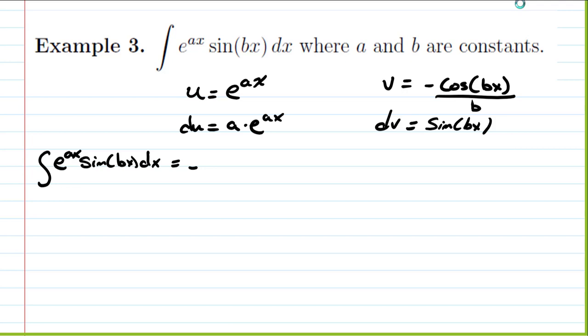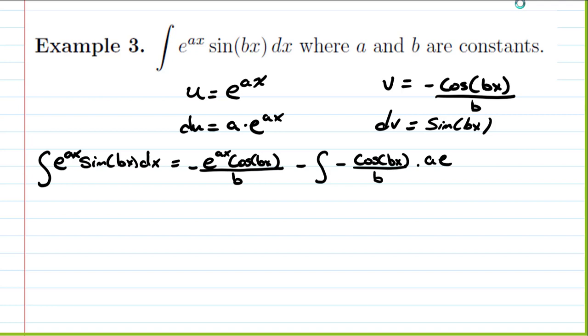That's going to be negative e to the ax cosine bx all over b, minus the integral of v du. So we're going to have negative cosine bx over b times a e to the ax dx.